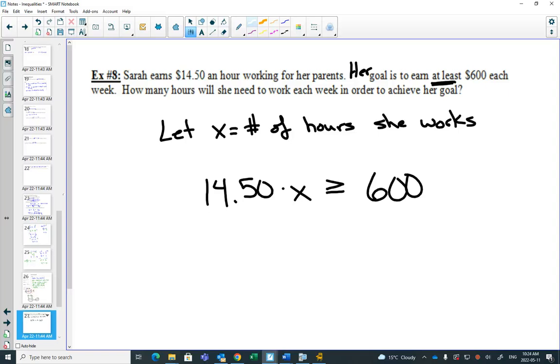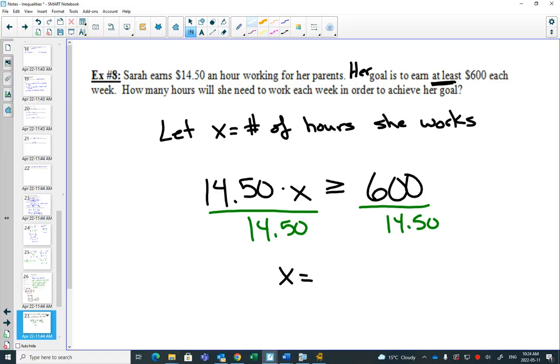How many hours will she need to work? Now we can solve for x. What's the opposite of multiplying by 14.5? Dividing by 14.5. This would be a calculator question. It's a weird number.